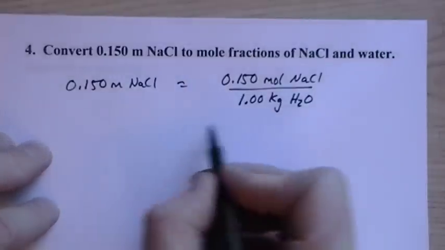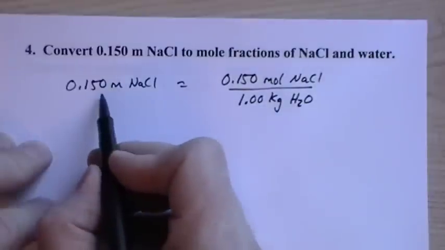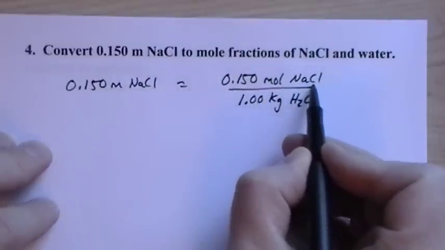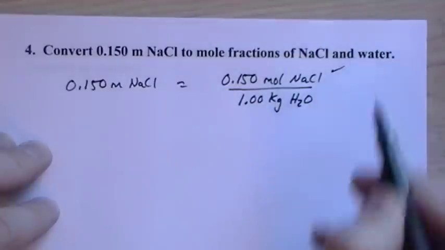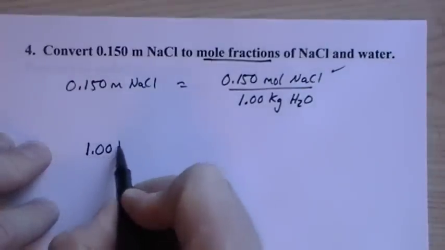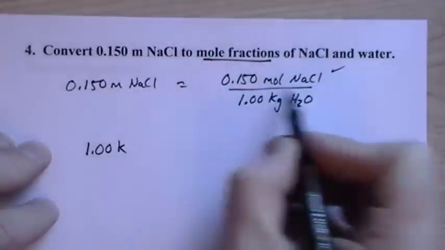So this molal indicates that we have 0.15 moles of sodium chloride, so we already have the moles of sodium chloride. We know that if we have mole fractions, we have to determine the number of moles of each species. Well, we have 1 kilogram, so the moles of NaCl is already set up for us.